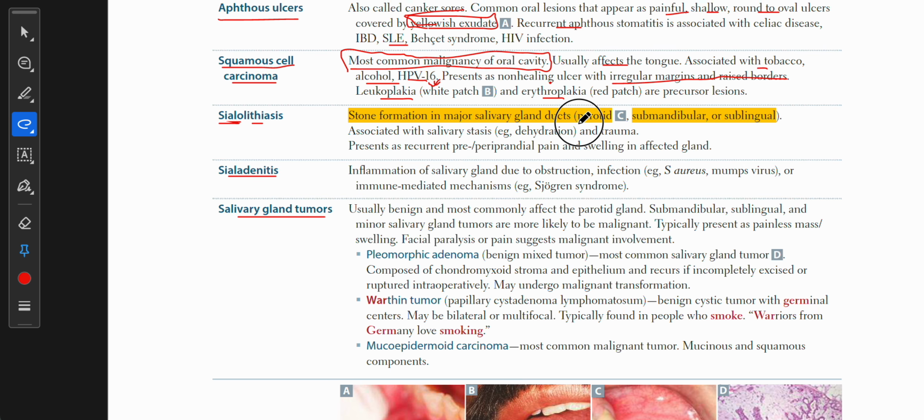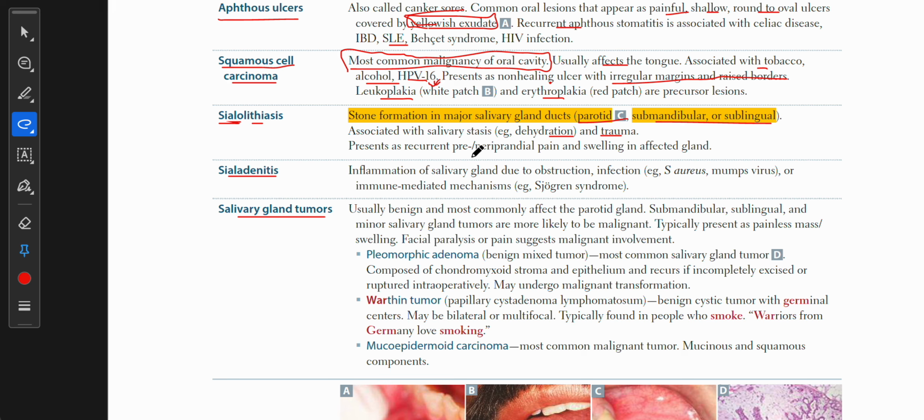It occurs most commonly in the parotid, and also in submandibular and sublingual glands. It is associated with salivary stasis, for example from dehydration or trauma. Salivary fluid cannot get out, and it gets oversaturated with proteins. That oversaturation leads to salivary stasis and the formation of stones, just like cholelithiasis.